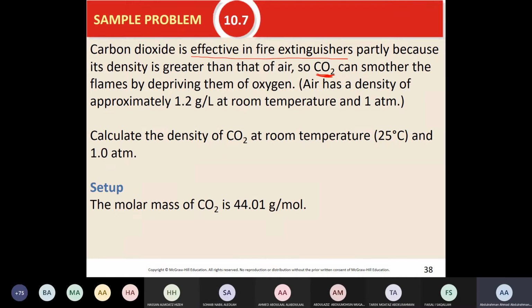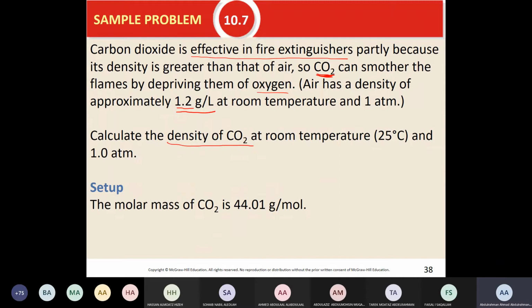Its density is greater than that of air, so CO2 can smother the flame by depriving it of oxygen. Air has a density of approximately 1.2 grams per liter. All right, calculate the density of CO2 gas. Of course, before we do the problem, what do you expect the density to be?